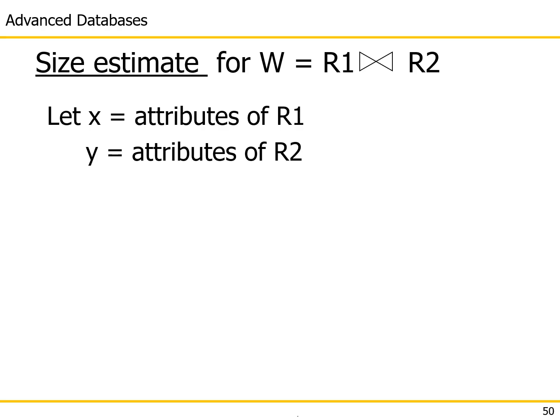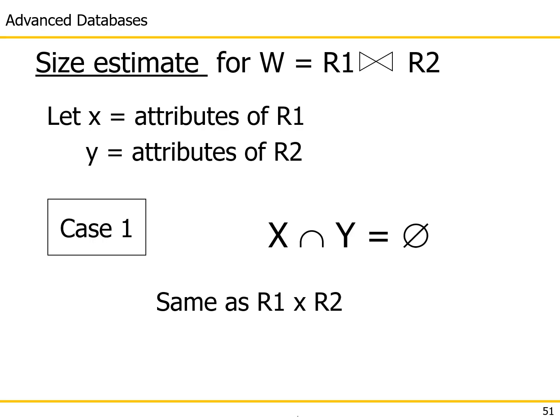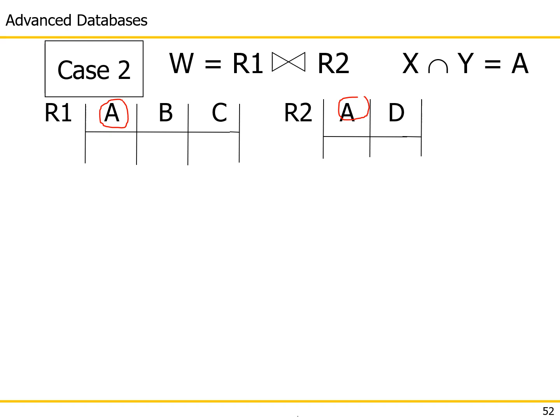So, let's say, I have a set of attributes in R1, a set of columns, I'm going to call them X, and those in R2, I'm going to call them Y. If there's no intersection between X and Y, I'm really doing a cross product. Okay, we've talked about that early on. What's the estimated size of a cross product? So we're just going to skip this one. It's a trivial case. Let's go to case 2.